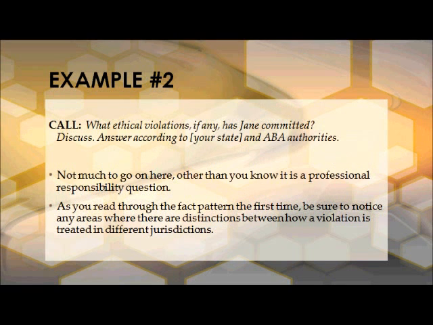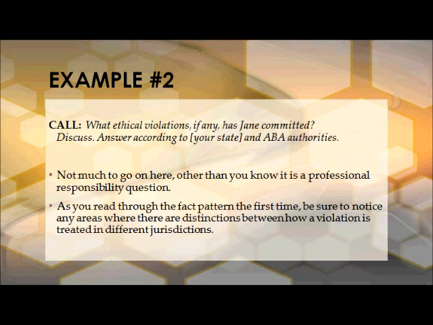Second example. What ethical violations, if any, has Jane committed? Discuss. Answer according to your state and ABA authorities. All right, so we know Jane's a lawyer. We know that she probably will have engaged in some questionable conduct, whether she meant to or not.